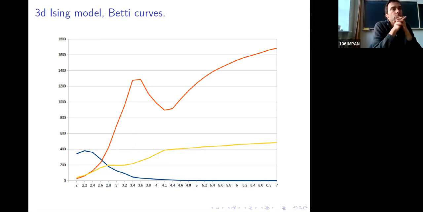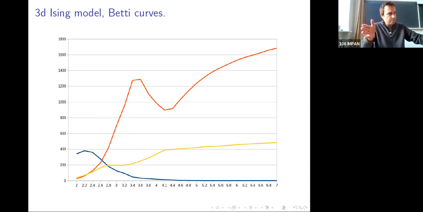So for each state, you have some complex. First of all, we actually evolve the dynamics until it stabilizes.